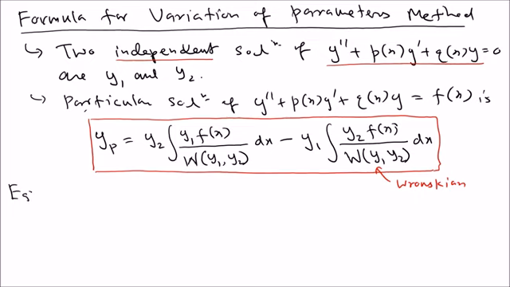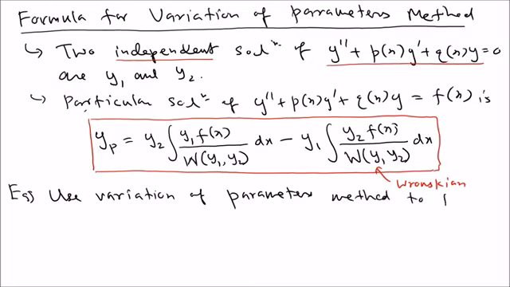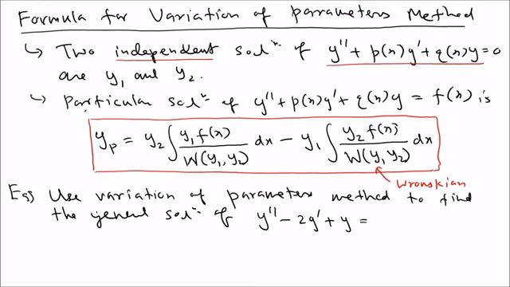Use the variation of parameters method to find the general solution of this equation: y'' - 2y' + y = e^x / x^4.